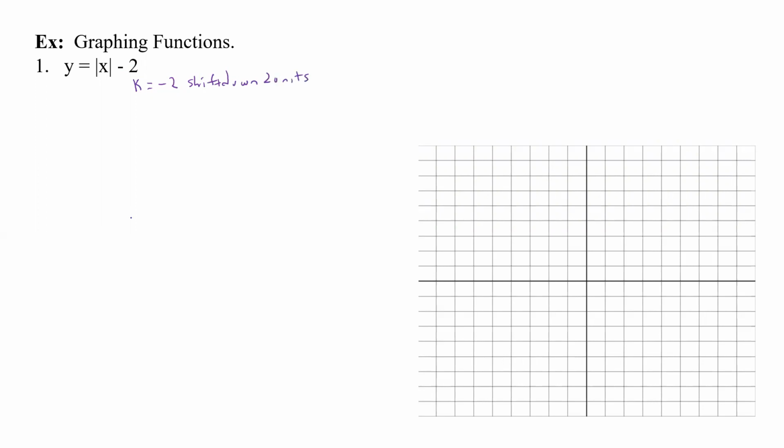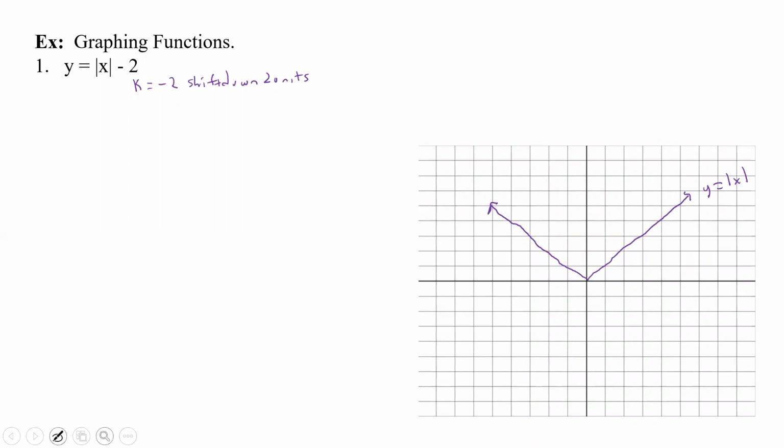Okay, so if we go ahead and draw our first one, or just our toolkit function, absolute value of x, we're going to have basically that line and that line. And so that's y equals absolute value of x.